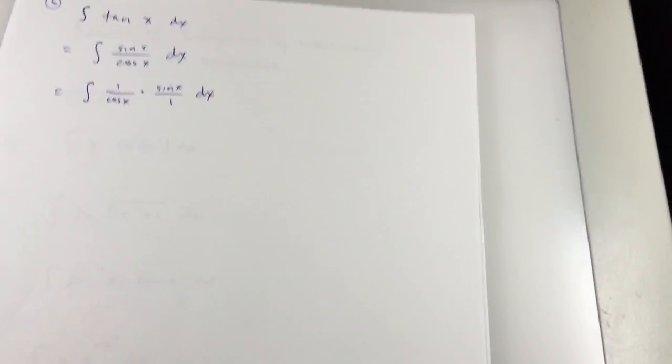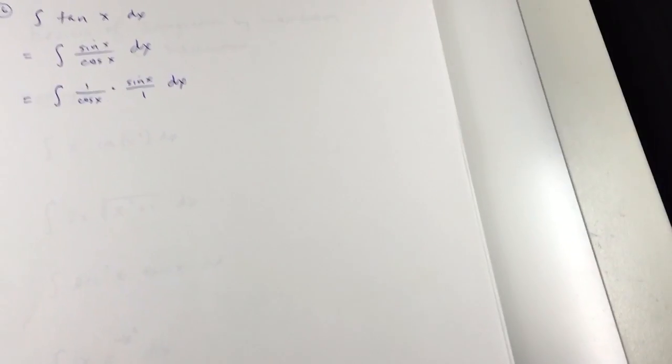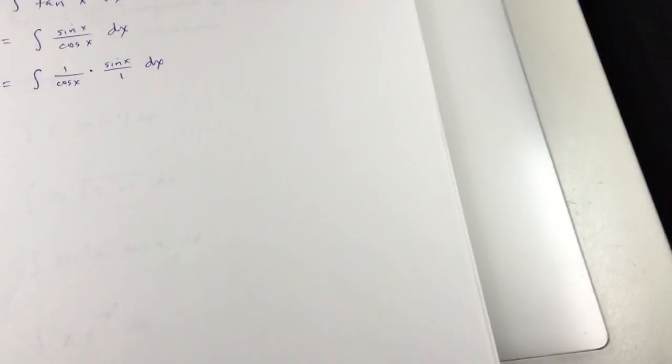And I put the over 1 because that helps it click for some students. If I just wrote the sine x, some students don't quite see how I went from one step to the next. But that's what it is.